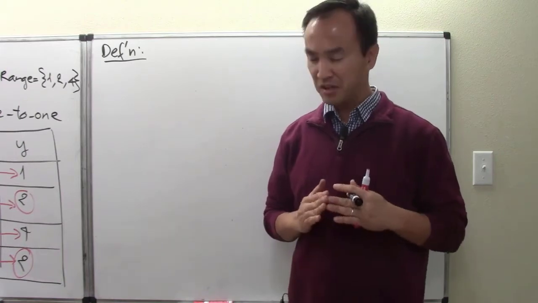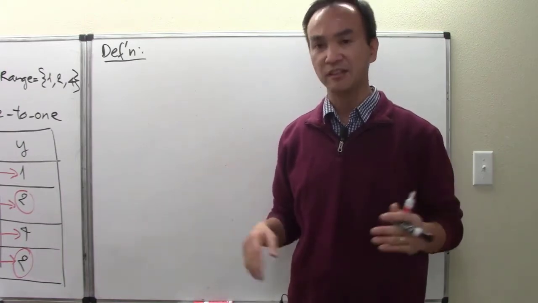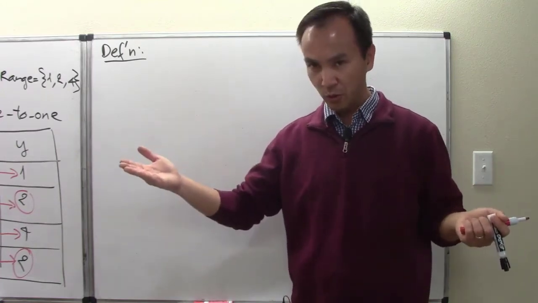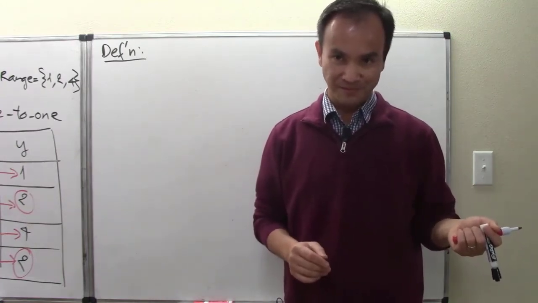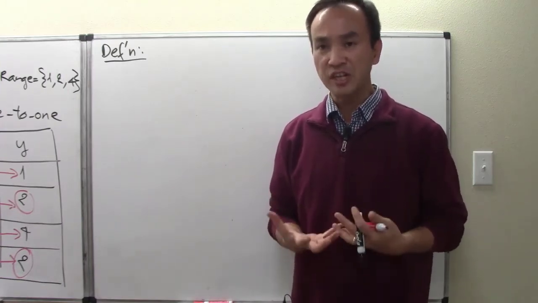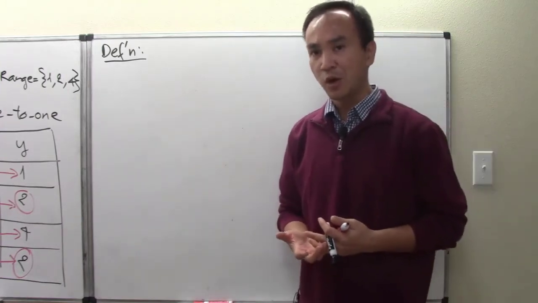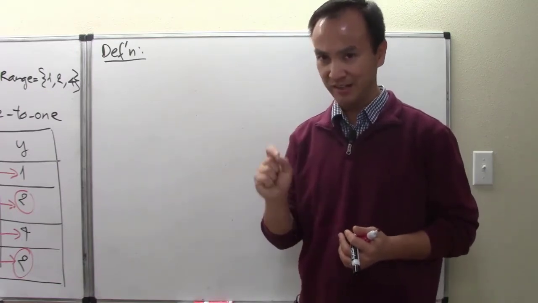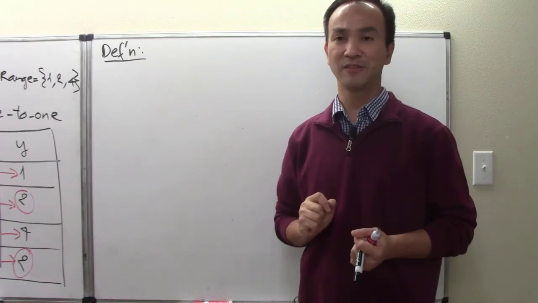Any of the functions you have seen earlier, especially the toolkit functions, some of those are one-to-one, some of those are not. Importantly, one-to-one is a property, an adjective, of a function.